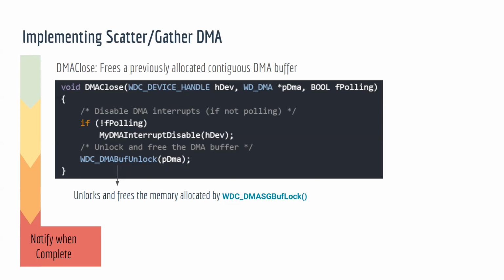The DMA close function is responsible for cleaning up and releasing resources associated with the previously locked scatter-gather DMA buffers. And this is the function, okay? Again, calling for the handle, the WDDMA, which includes the pages.